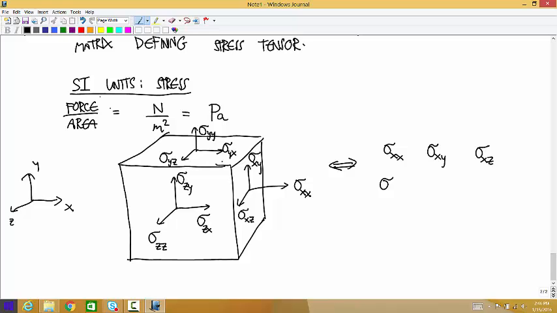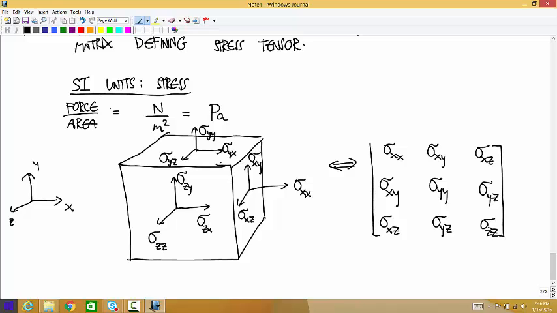That's what gives this matrix its symmetry. So I'm just going to write this again as xy. Those are the same value. Then yy, yz, and then xz, yz, zz. So you get this 3 by 3 matrix that's symmetric, so only 6 independent values, and it represents this physical stress element.